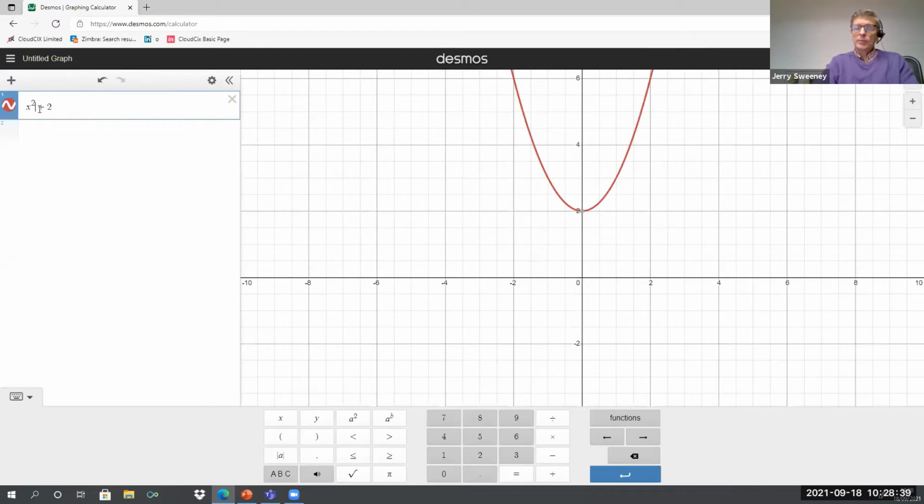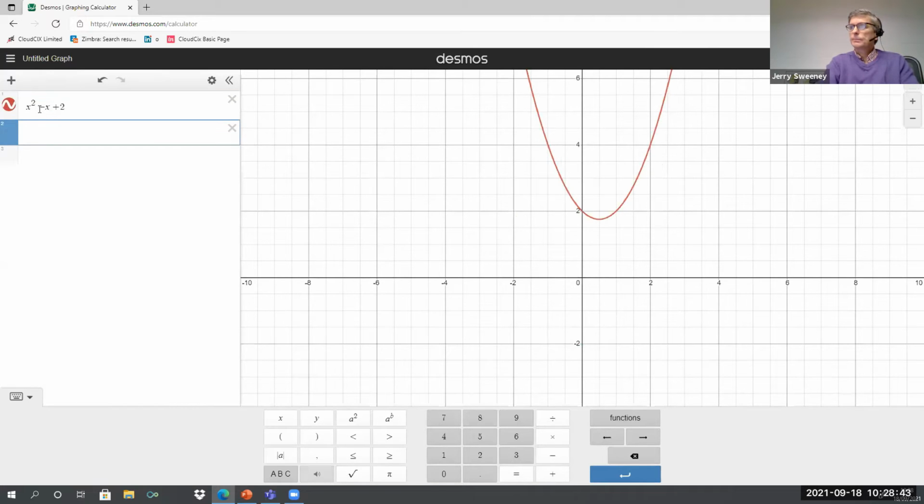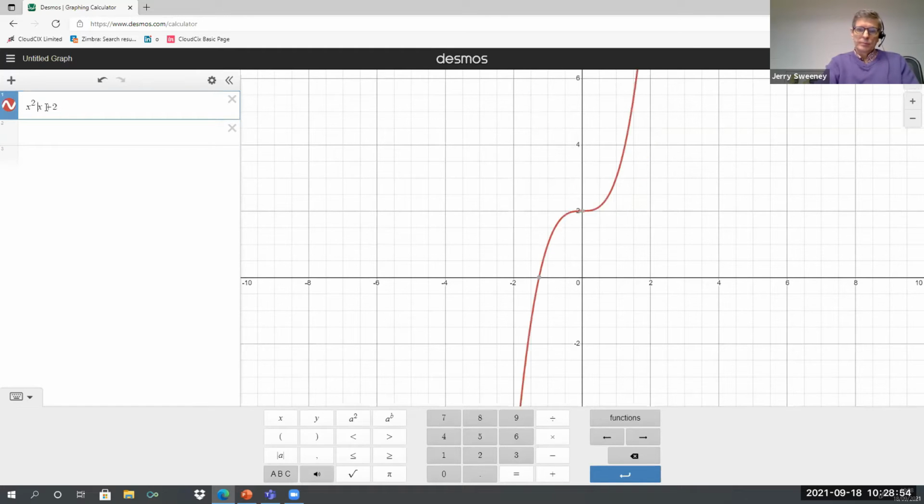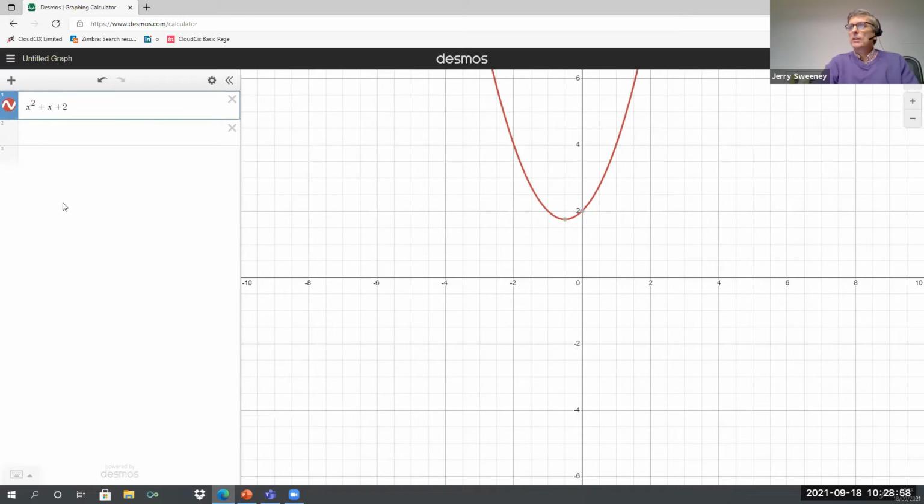So what happens if we put in -x? What happens is that we have shifted the graph a little bit to the right. And if we put in +x, then we've shifted it a little bit to the left. This x squared plus x plus 2 doesn't have any roots.